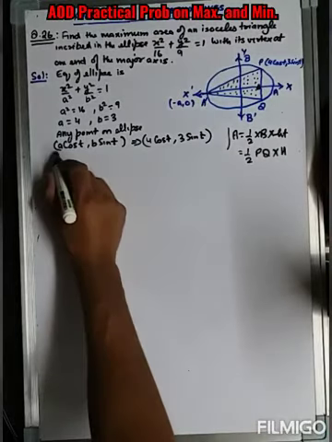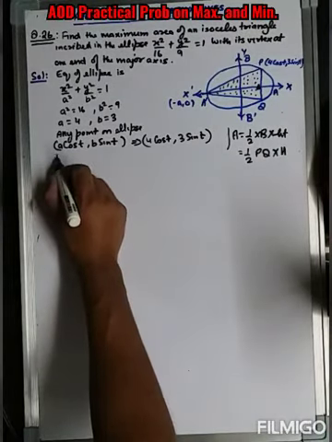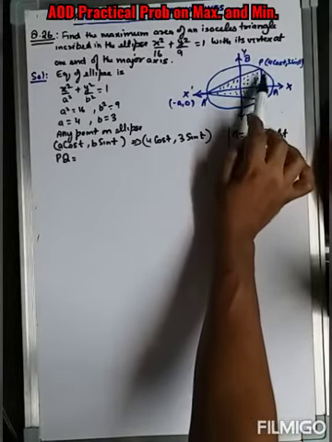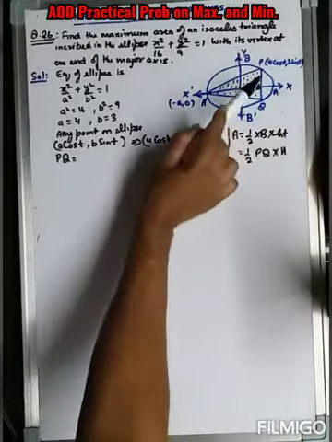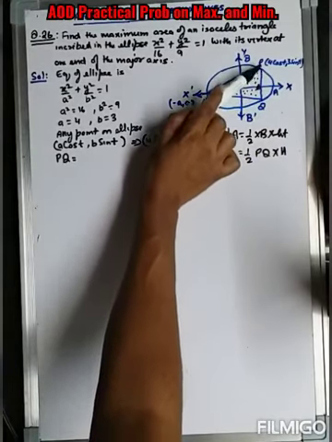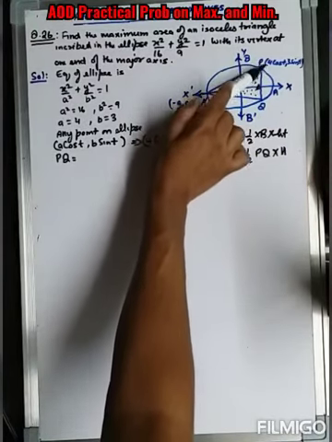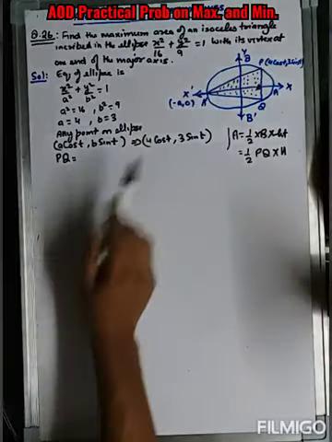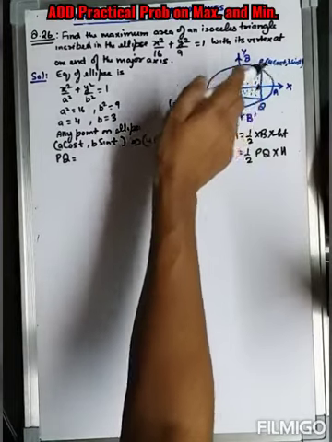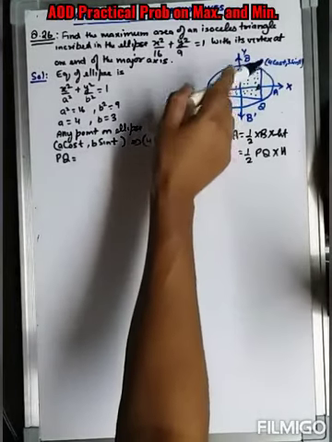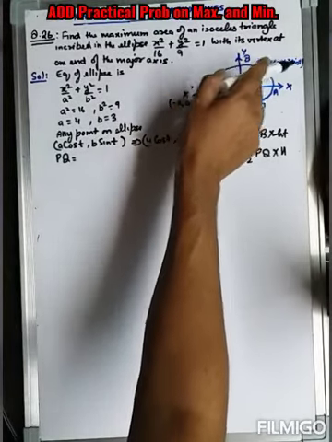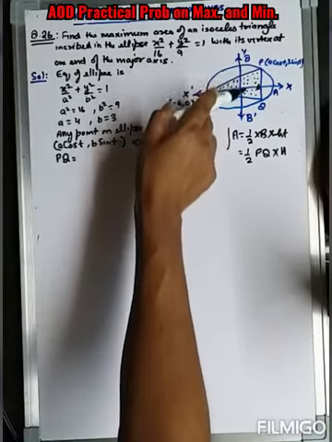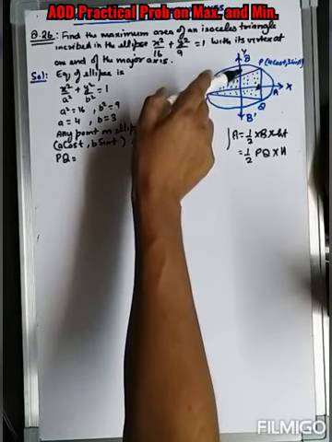So base PQ. We can see that this is the height, the length from this place to this place. This is the y coordinate, 3 sin t. Since we have taken out the coordinates, this is the x coordinate, this is the y coordinate, and this length is basically the y length.